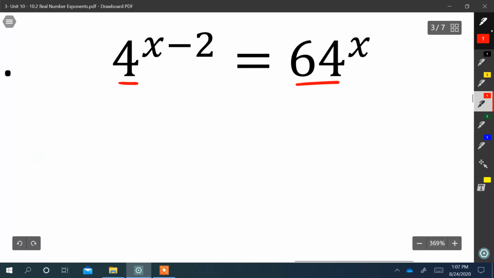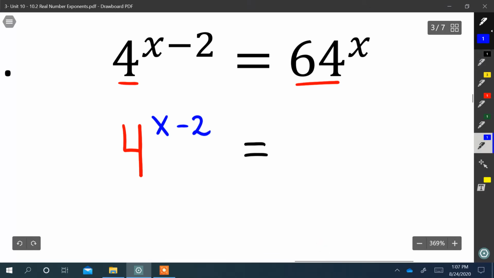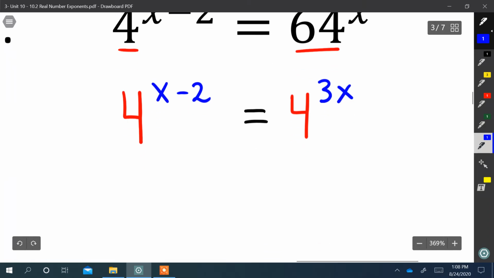So my base could just be 4, so I could keep that one just like that. Some people will choose to use 2, and that would also work. But I'm going to use 4 to not do much work here. So 4 to the 3rd power, and then I have that x right there, is equal to 64.